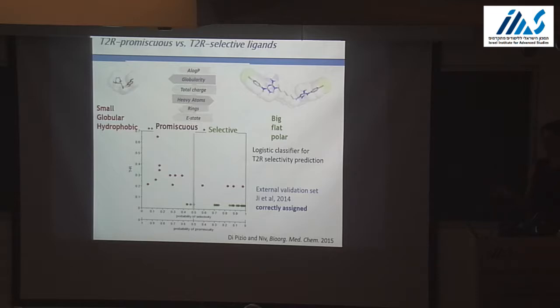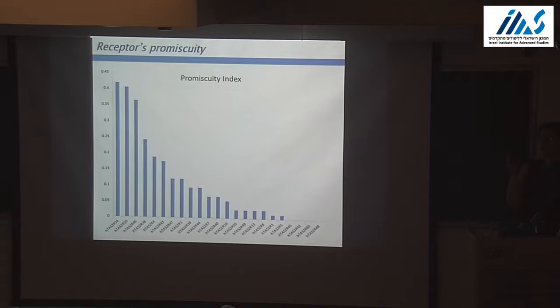That probably makes sense because it's based on general hydrophobic interaction with not a particular, very restricting pocket that has to accommodate it. And we can even predict which additional bitter molecules should be selective, and we could confirm that we are doing not bad with that using an external validation set.